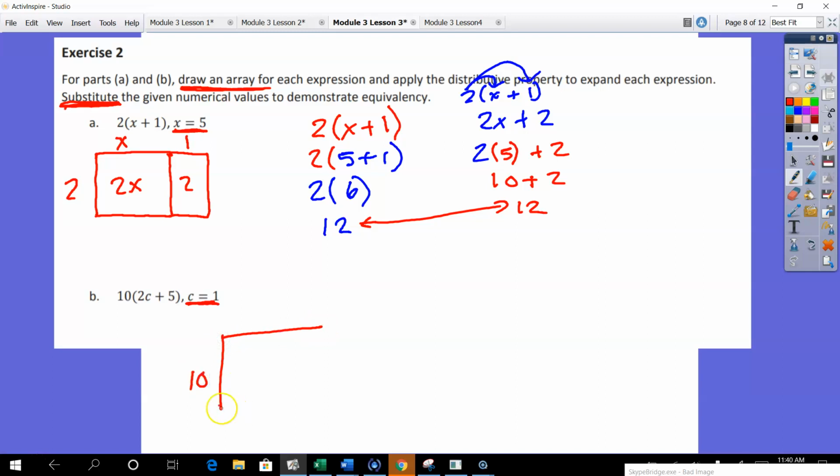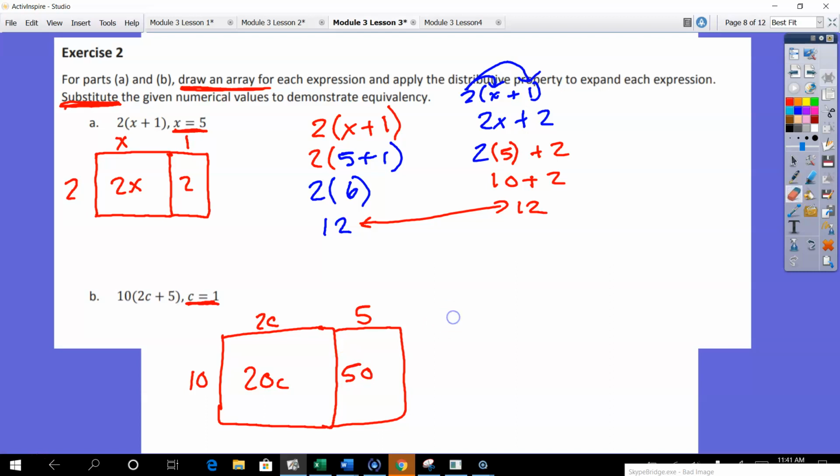Okay, and then the next one, we have 10 on the outside, 2c plus 5. So 10 times 2 is 20c. 10 times 5 is 50. Substitution to check.